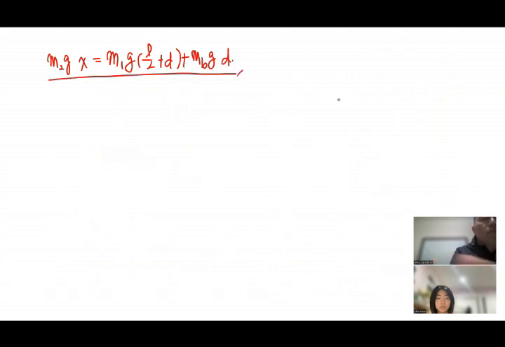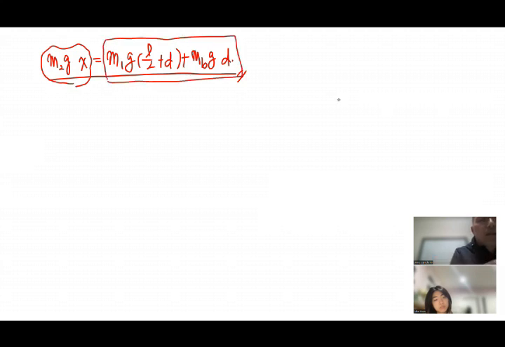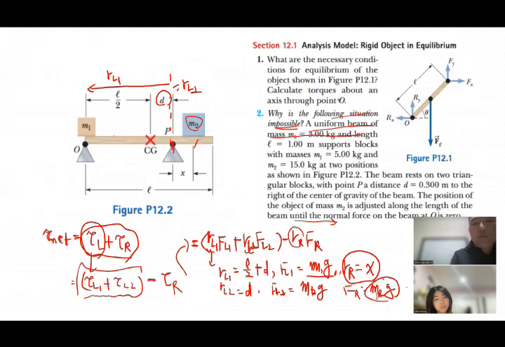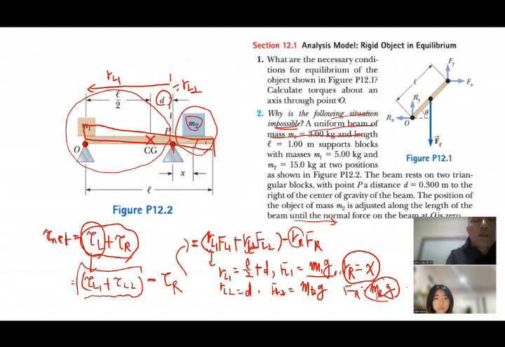So you plug them all into this formula, and that should be M2 g X is M1 g (L over 2 plus D) plus M_B g D. I thought that if the torque from M2 is bigger than the torque from the left-hand side, then this beam will lift M1 off the point O. That was my understanding.